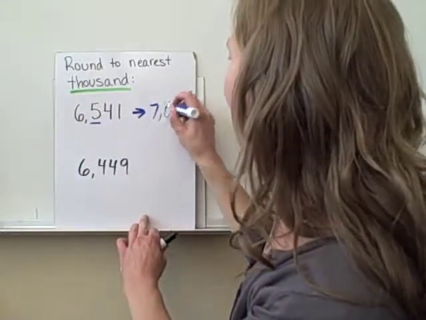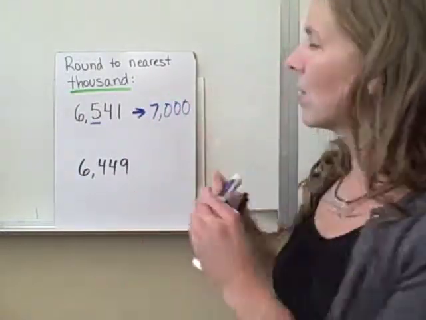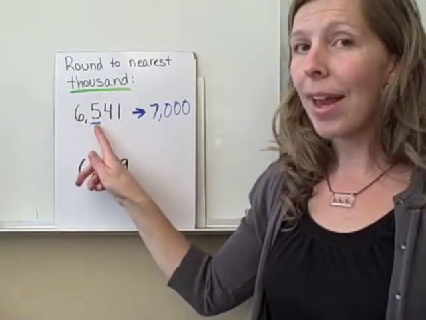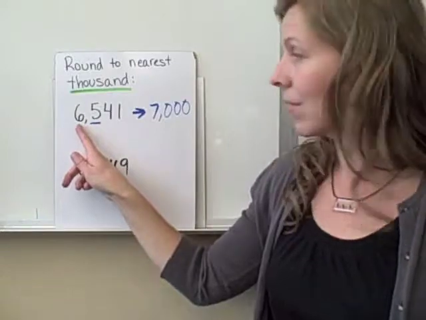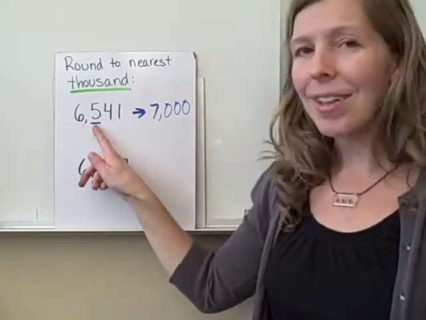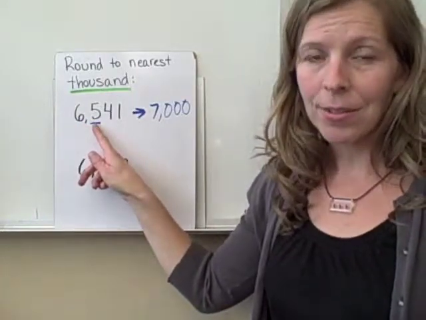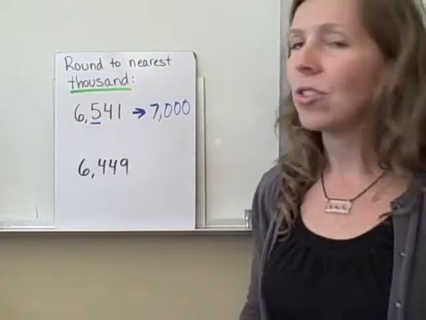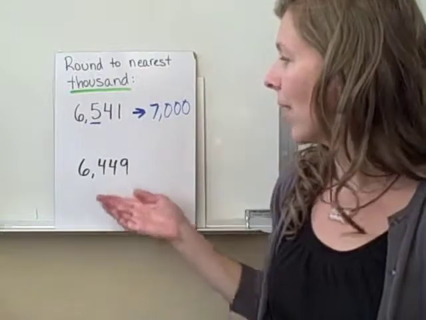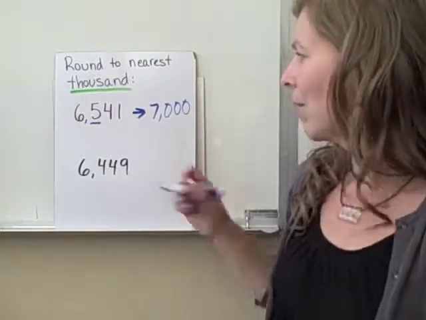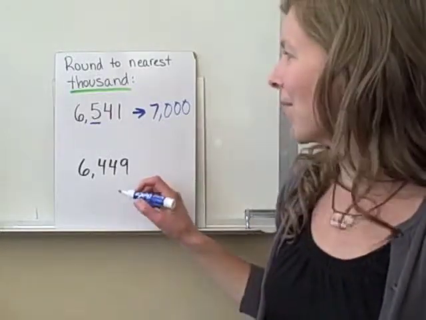And so we look to the digit that's on the right-hand side of the place value we're rounding to. And if that digit is 5 or greater, we round up. If that digit is below 5, less than 5, we round down. So here we try it again with another number that you're familiar with, 6,449.